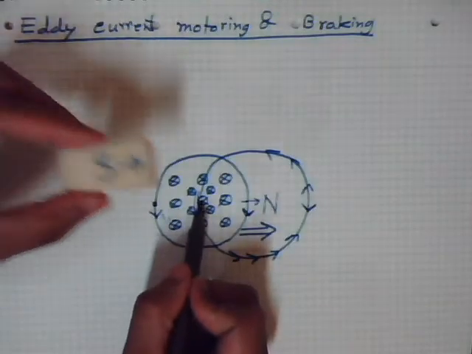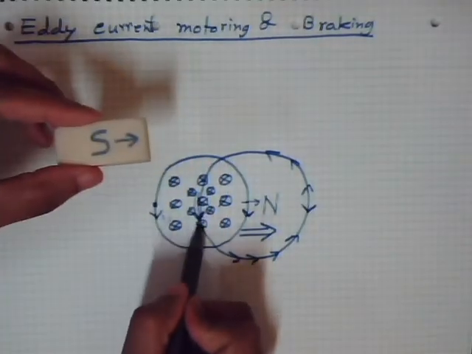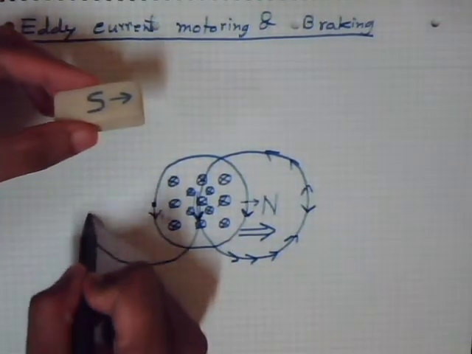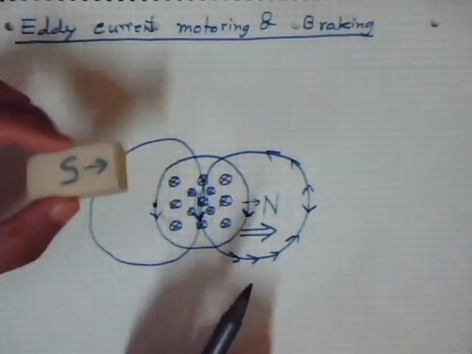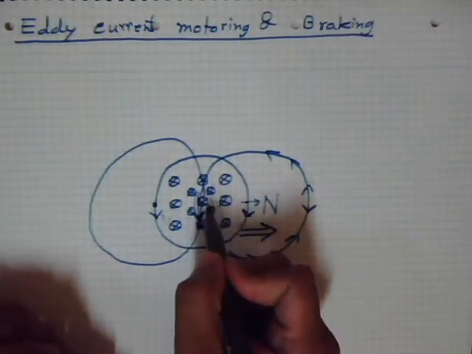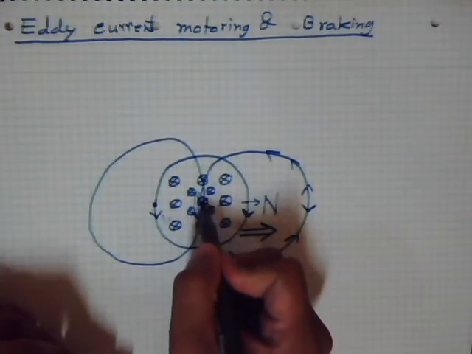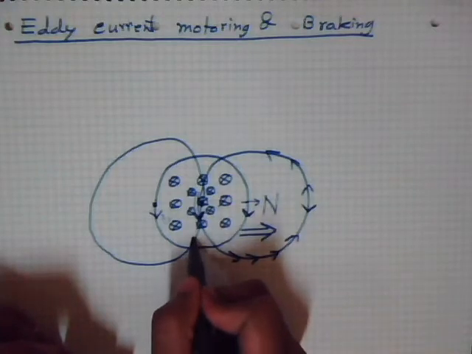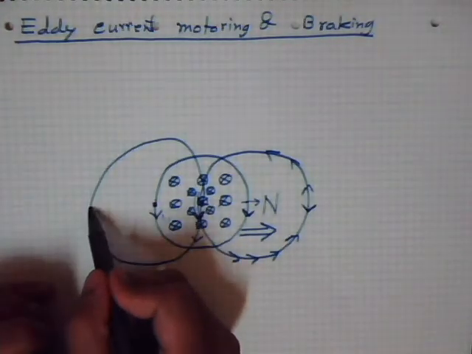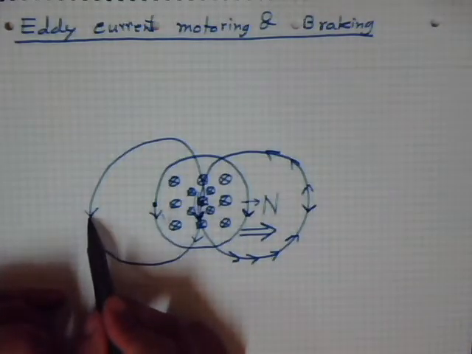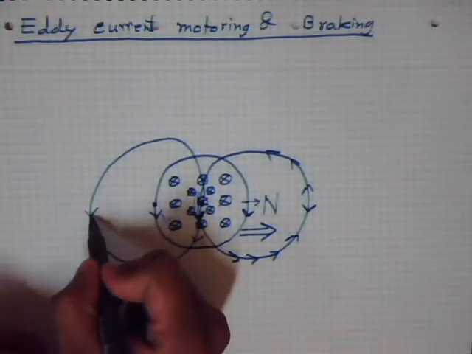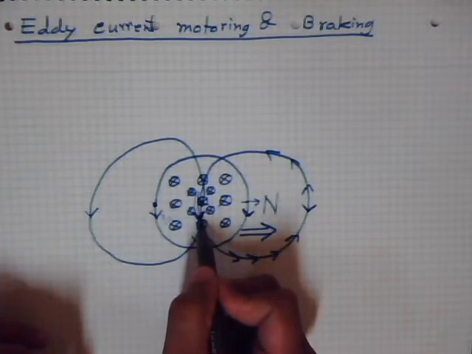Similarly, if I consider another circuit which is like this, once again the direction of EMF generated at this point is downwards. Here again it's downwards, but the flux density being lower here, this will be weaker than the EMF here.